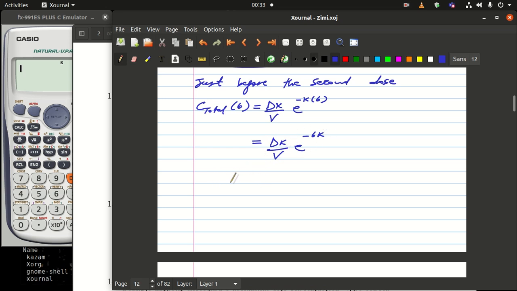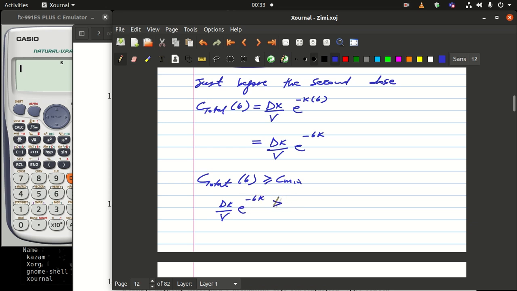And of course, we want to make sure that C total at 6 must always be bigger than or equal to C min, which is the minimum concentration at that time. And of course, we are having our DK divided by V e raised to minus 6K.